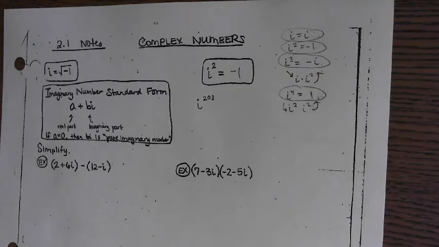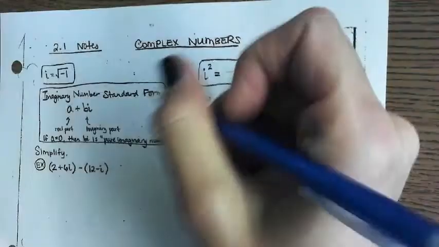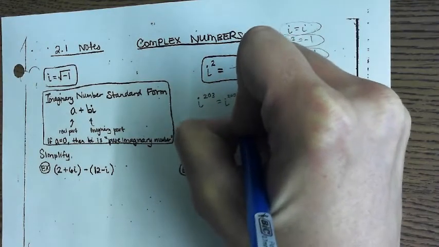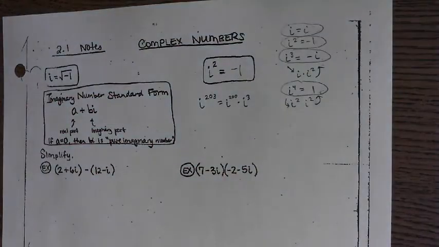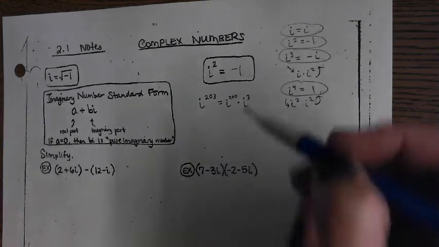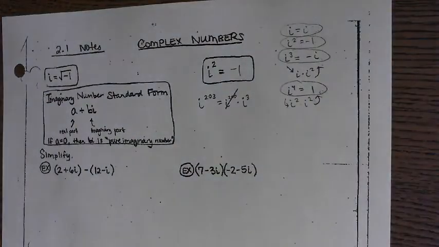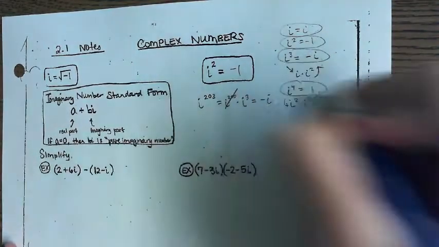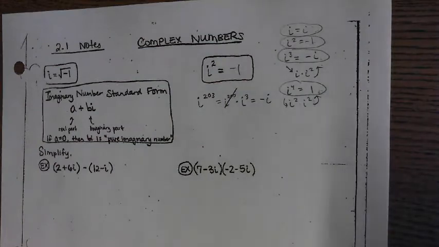It's either got to be 202, 201, 200, or 199. 200, right? So we would split this up, thinking exponent rules, into i to the 200th times i to the 3rd. Because any multiple of 4, i.e. i to the 200th power, is just 1. So this simplifies down to whatever i to the 3rd is, which you should have memorized, which is negative i.